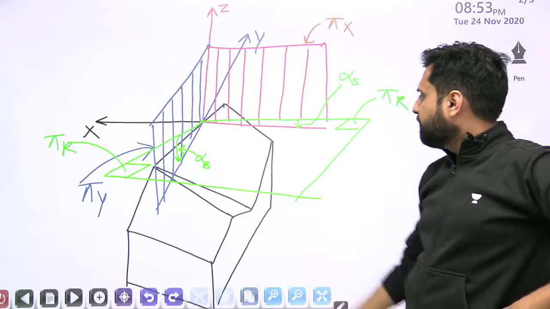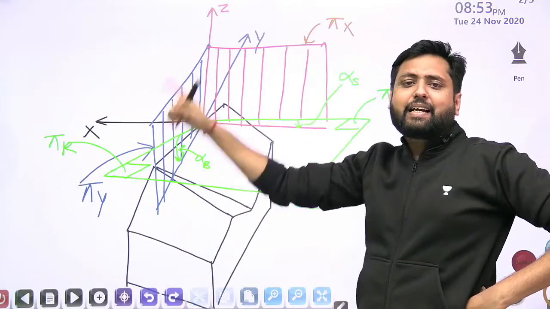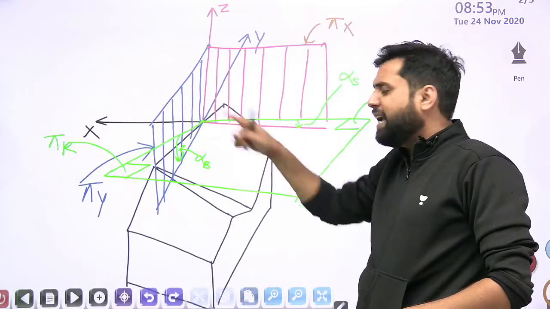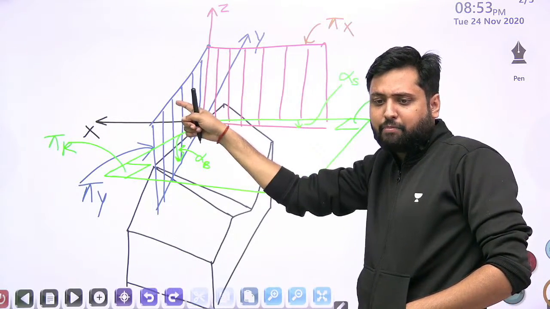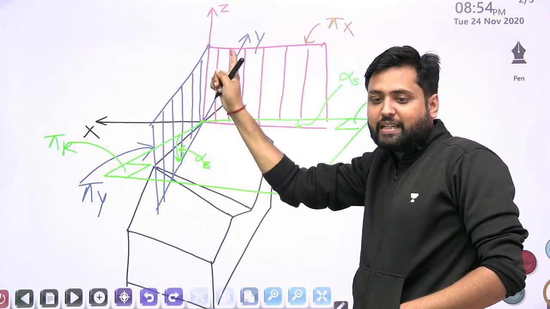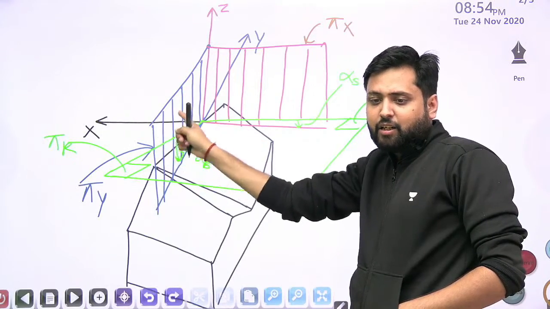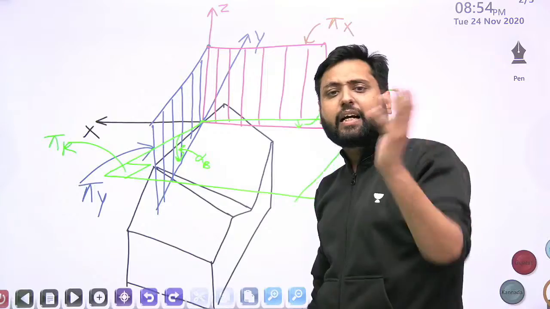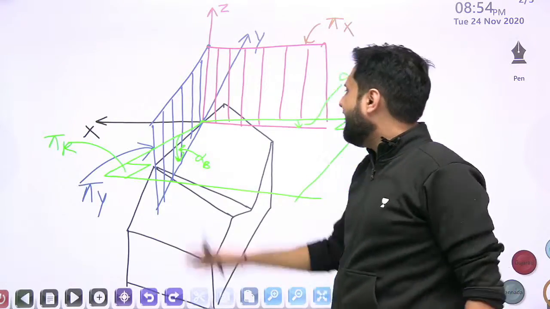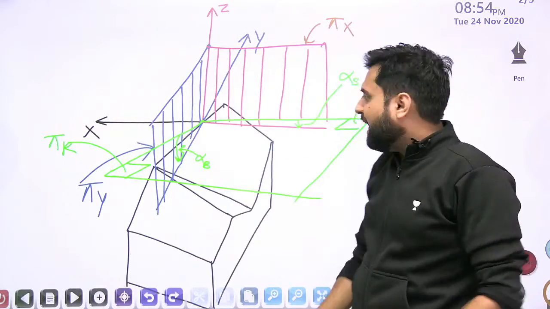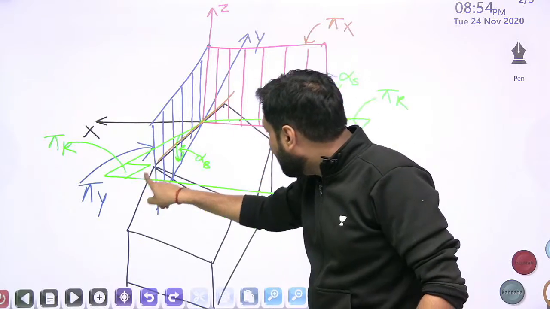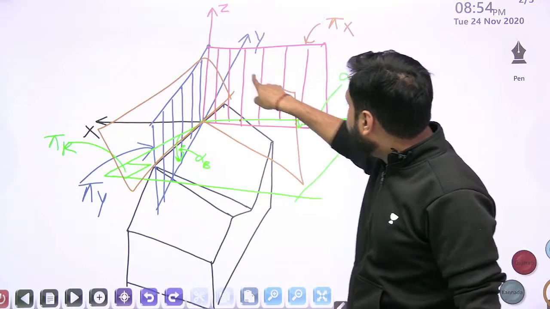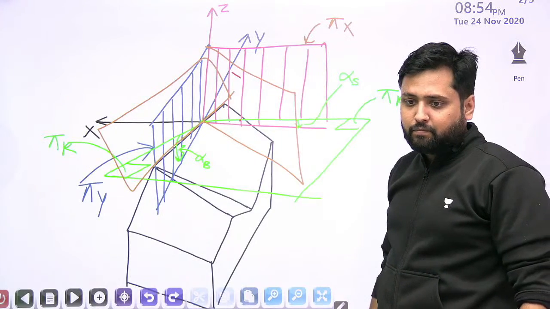Why? Because back rake angle and side rake angle are the angles which are measured in the planes pi y or pi x, which are neither along the cutting edge nor perpendicular to the cutting edge, but the forces which are there, cutting force and thrust force, will appear in the planes which are exactly along the cutting edge or exactly perpendicular to the cutting edge, right?